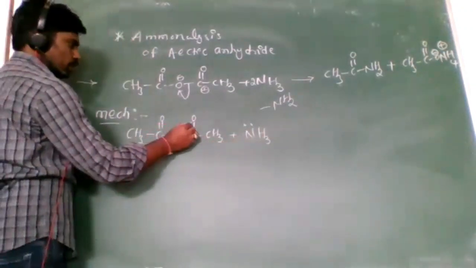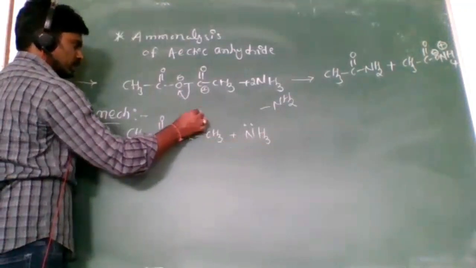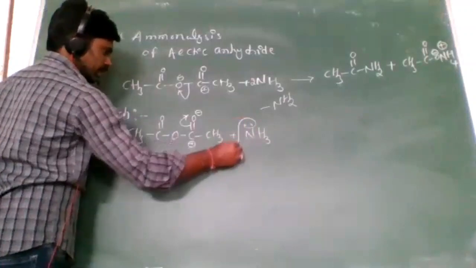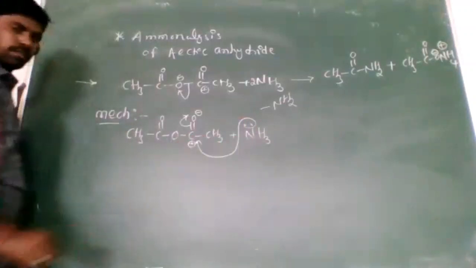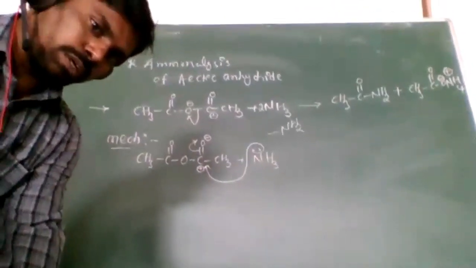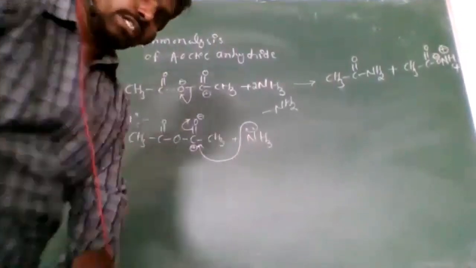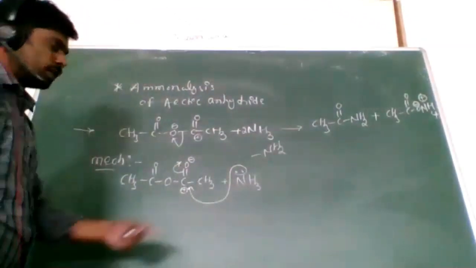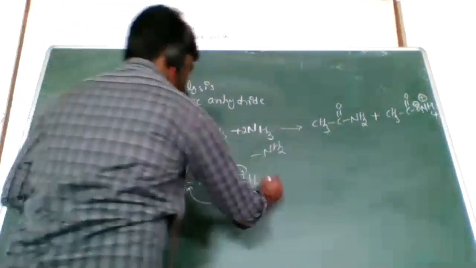Ammonia has a lone pair of electrons. For example, these electrons shift to here, and this carbon becomes positive. Nitrogen gives the electron to the carbon.